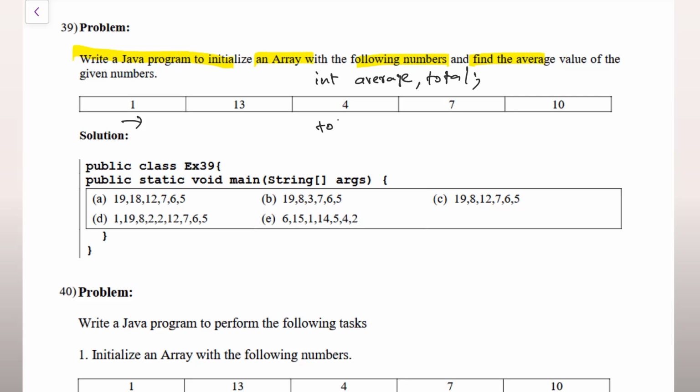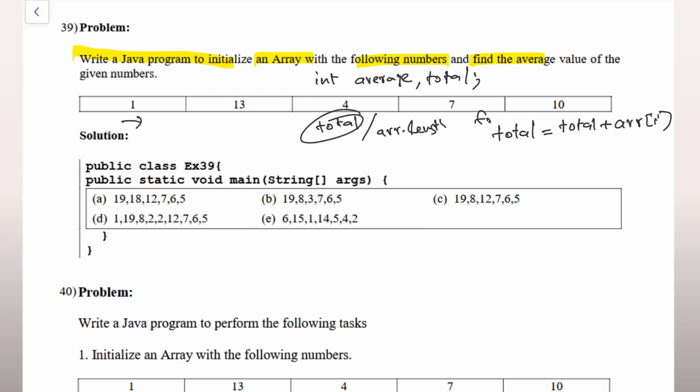Find out the total, and array.length is basically the number of elements. You will just divide it by that, right? So finding out the total, you will have to loop through and accumulate, right? Total will be like total plus whatever the array element.